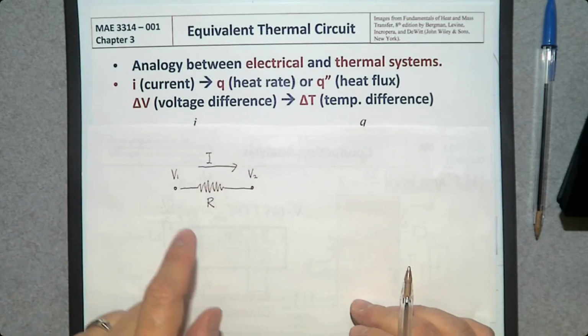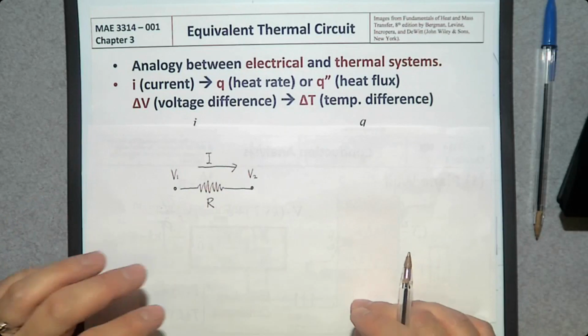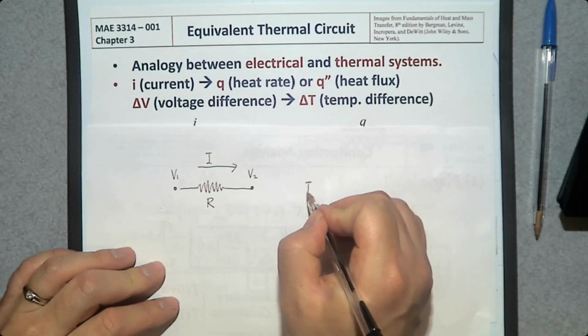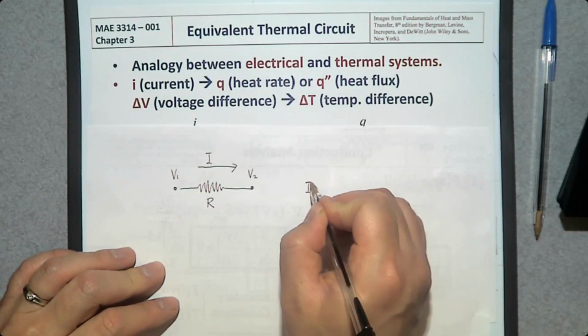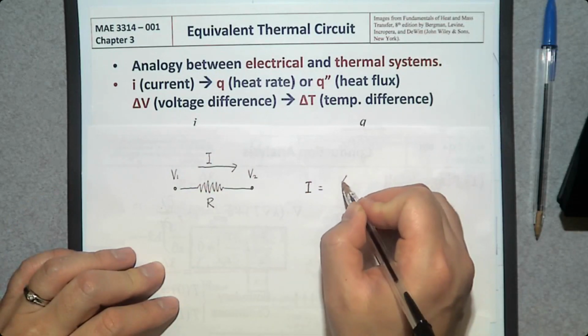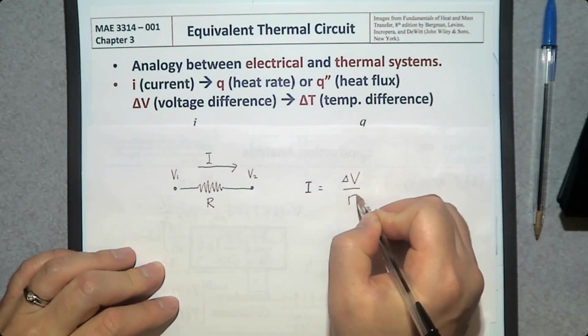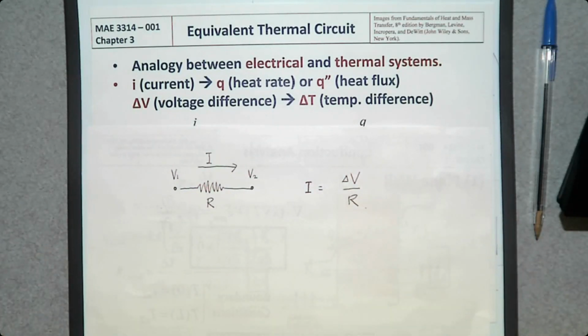Then what is the relation between voltage, current, and resistance? Or you can say I is the difference in voltage divided by resistance, right? So V is IR.